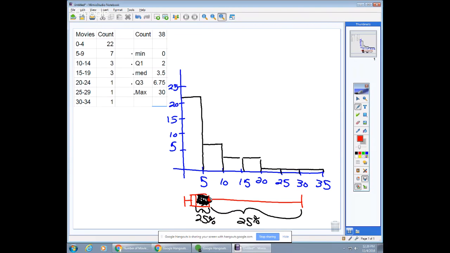So would you agree that my third quarter is very densely packed, right? 25% of the data lives in that tiny little box. So that's like living in a city, versus the fourth quarter, which is way spread out. If we look at our histogram table, our frequency table, it starts at about 7.